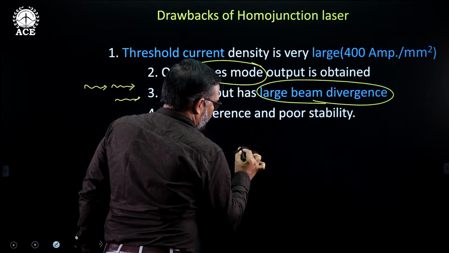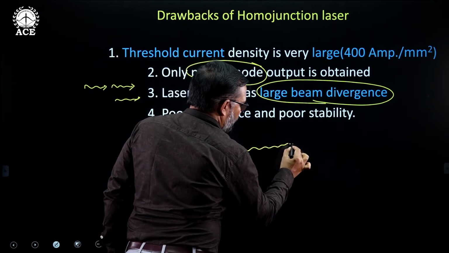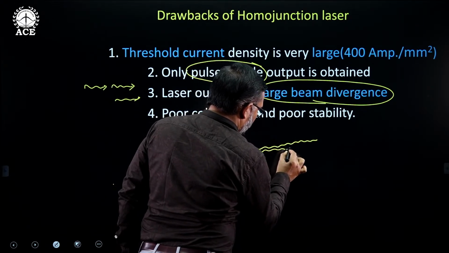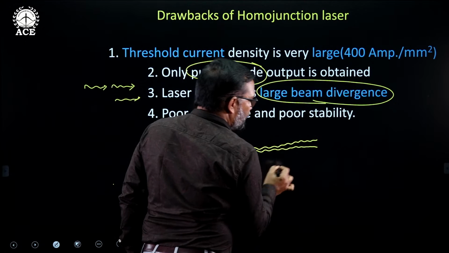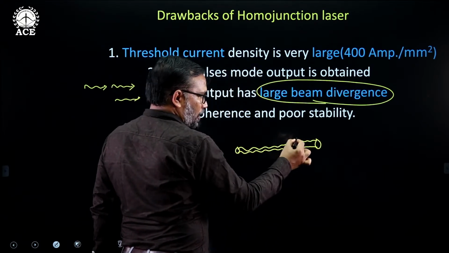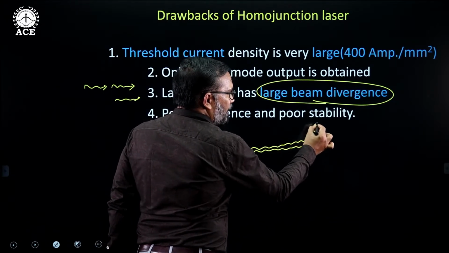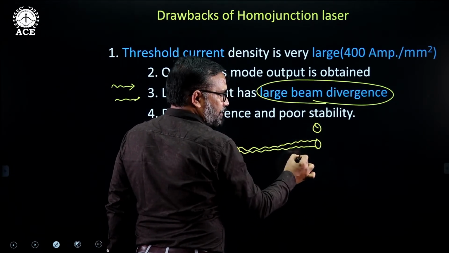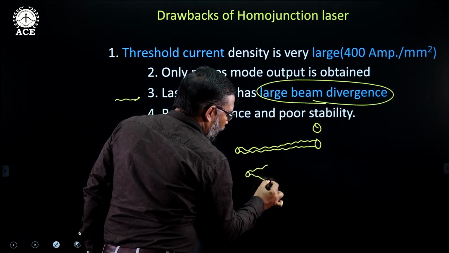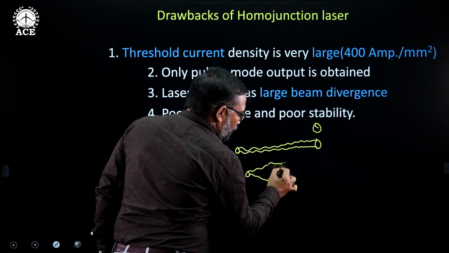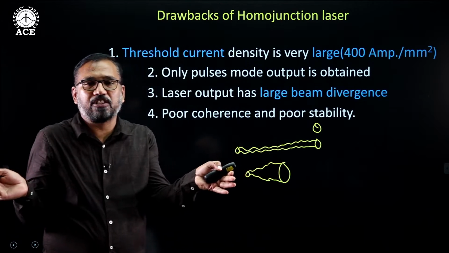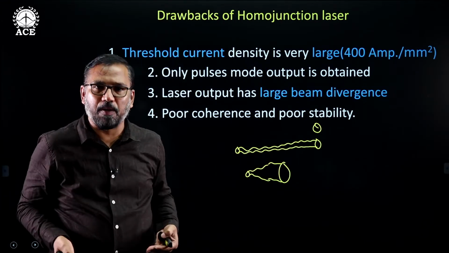See here, for example, this is a laser with less divergence from the initial place to when it reaches the destination. The degree of divergence is very less. When you have more divergence, it loses its power. When light diverges from its direction of propagation, it loses its power.